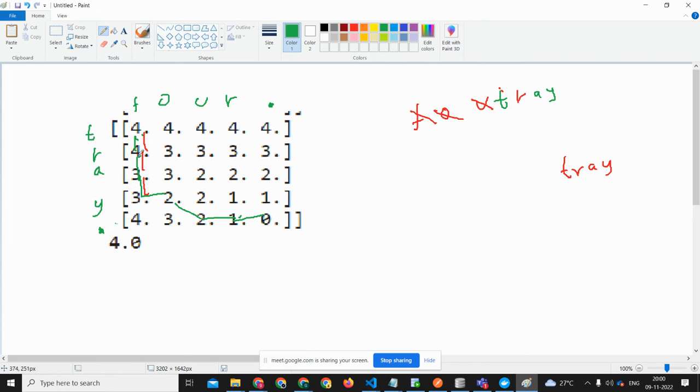If there is a 4 below 4, we don't go below, we go diagonally to 3. Then again there is 3 below 3, so we go diagonally to 2. Then again 2 is below 2, we go diagonally to 1. And diagonals are substitutions, I guess. Diagonals are substitutions.